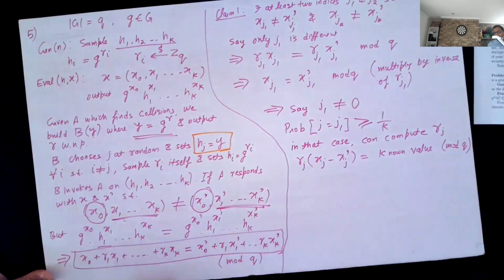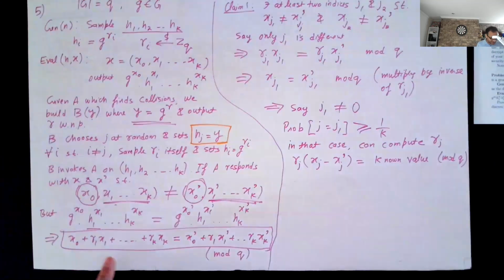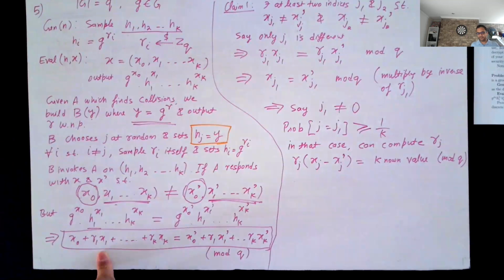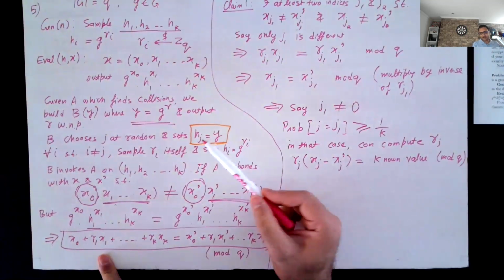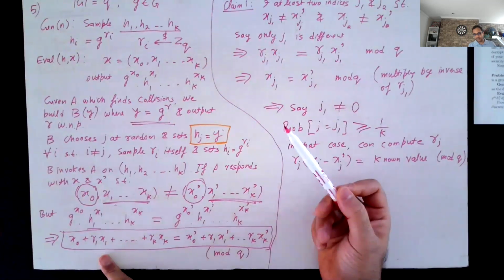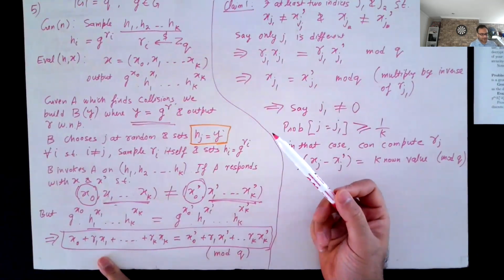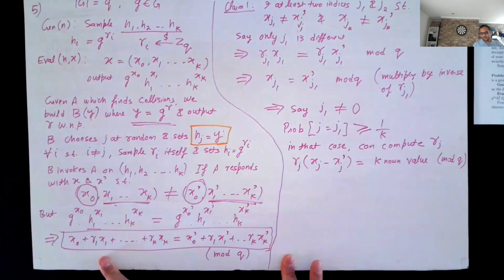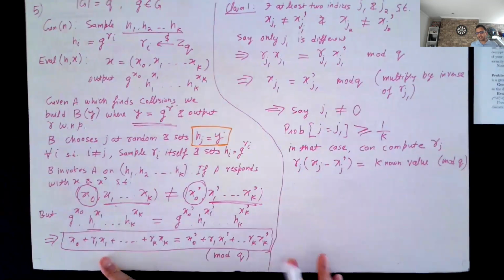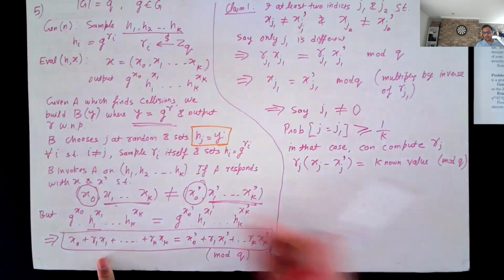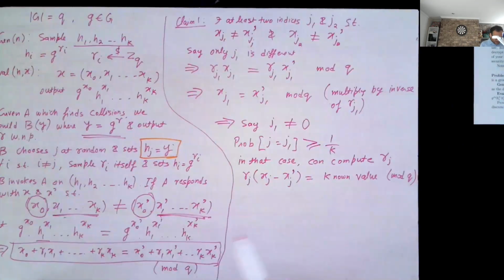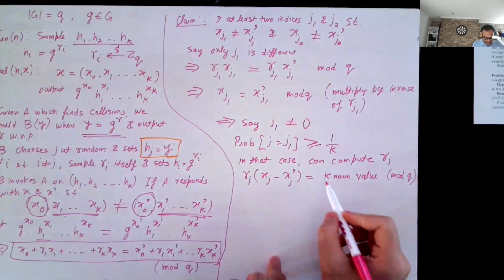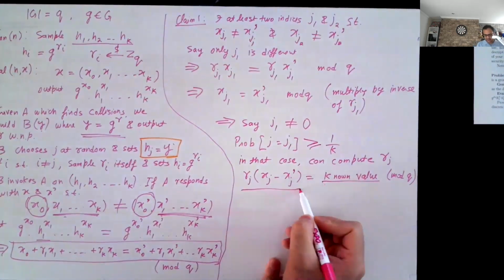So in this equation, I know every single value except Rj. This is because Hj was y. I don't know the discrete log of Hj, which will be Rj. I know everything else. The remaining Ri's I chose on my own. I know all the xi's and xi primes. Okay, so I can take all the known values to one side and I'll be left with something like this.